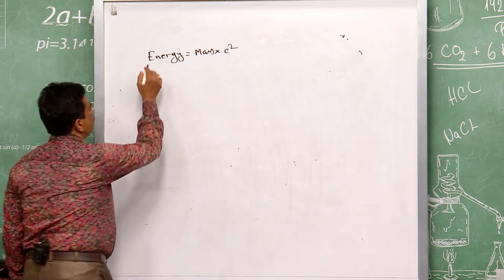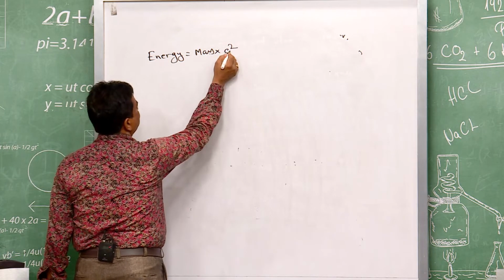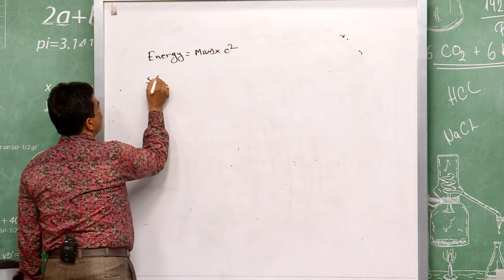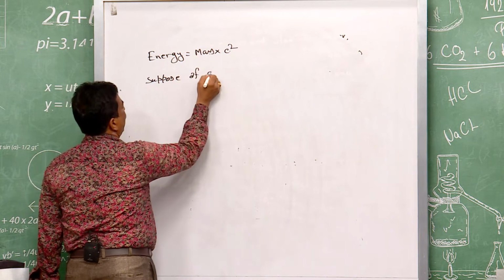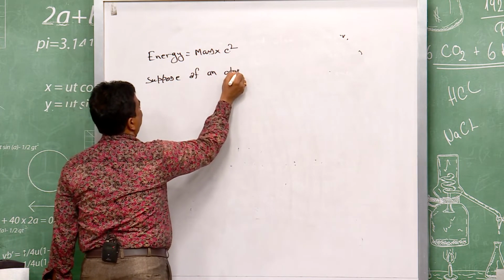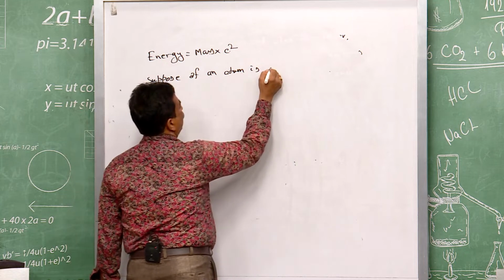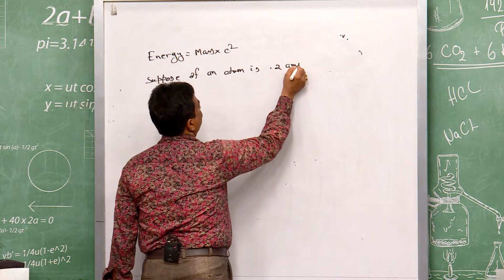So this energy is equal to mass into c square. Suppose the mass of an atom is 0.2 mu.